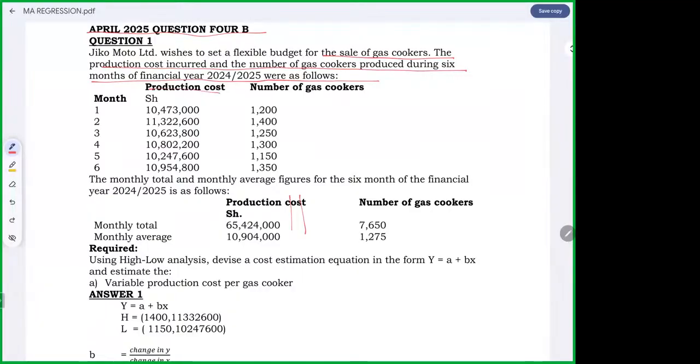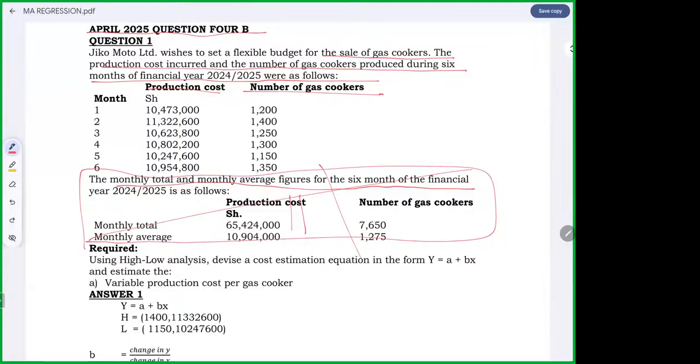The monthly total and monthly average figures are given, but these are useless information, so we will not use them anywhere.